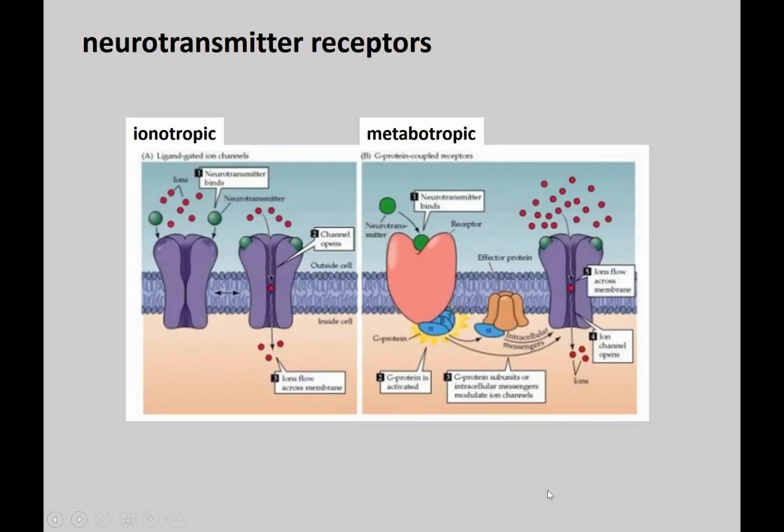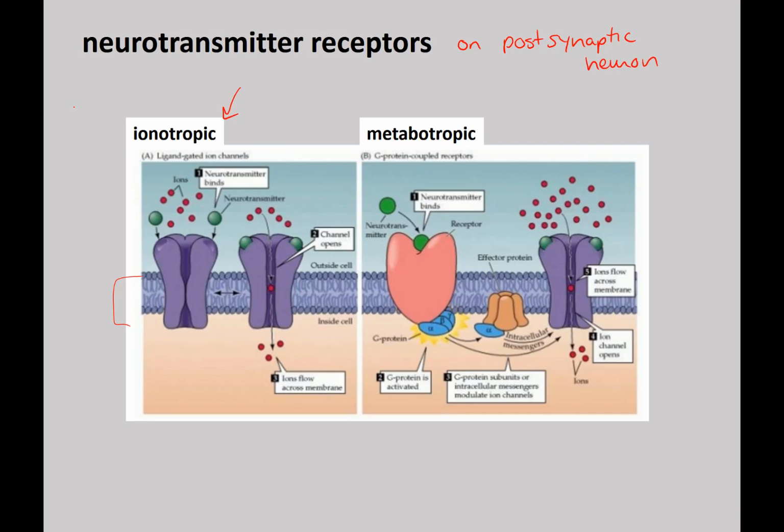Okay, got it. Neurotransmitter receptors. So remember, these are going to be primarily on the postsynaptic neuron. You can see that they're transmembrane proteins. And we have two main types. We have ones that are called ionotropic, which means when they bind the neurotransmitter, they open and let ions through.